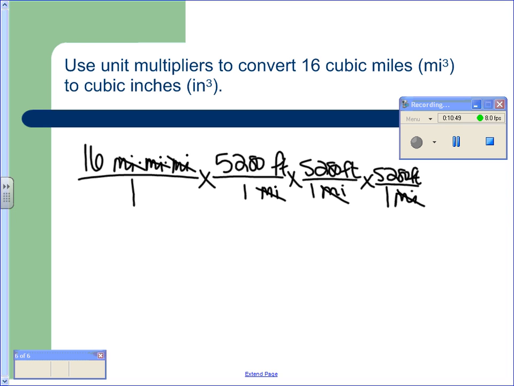Are we into cubic inches though? So what do I need to do? Like that?